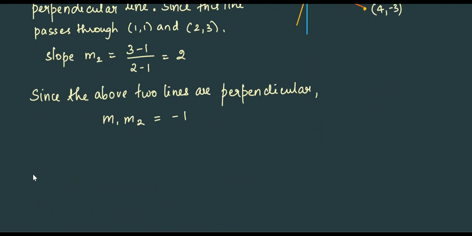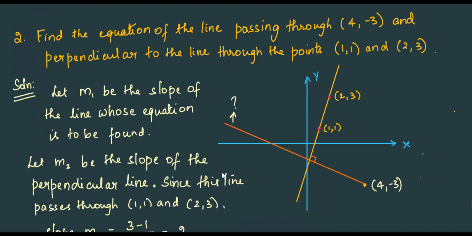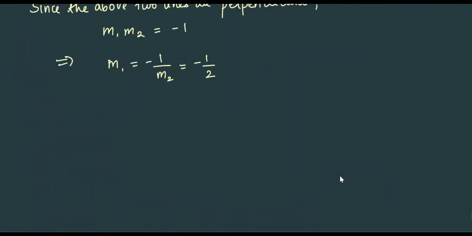Which implies m1 is equal to -1 upon m2, which is -1 upon 2. So we found m1, and the required line passes through (4, -3). So m1 is equal to -1/2.